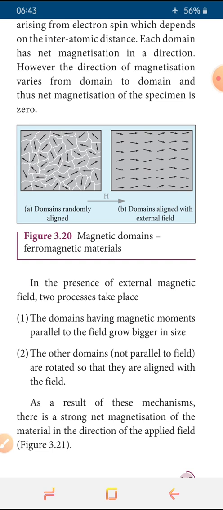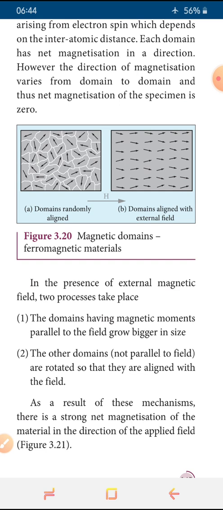The second process is that some other domains rotate so that they are aligned with the field, because before the magnetic field the domains had magnetization in all possible directions. When we apply the magnetic field, they align. If needed, they rotate to align along with the applied field, so they become parallel to the applied field. These two processes we can understand from this.